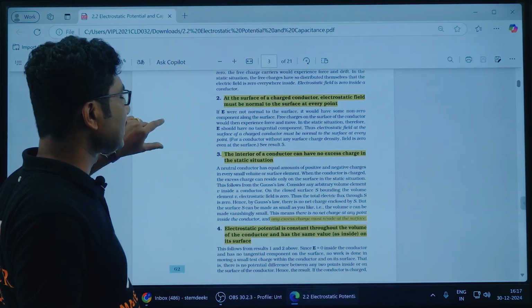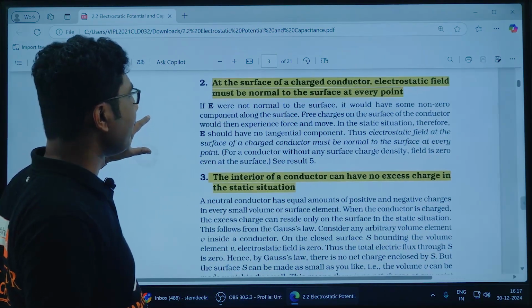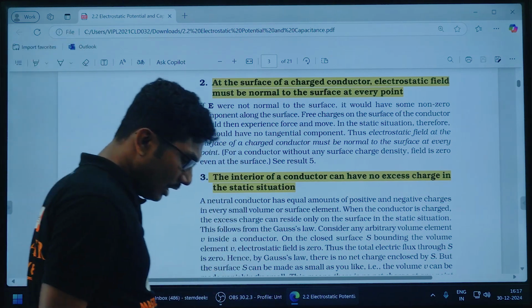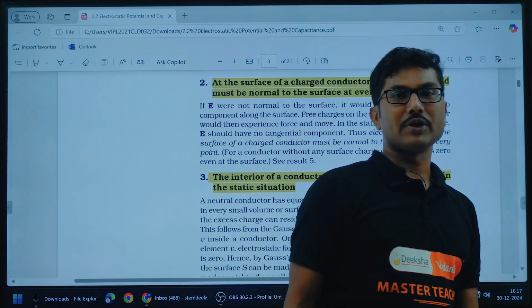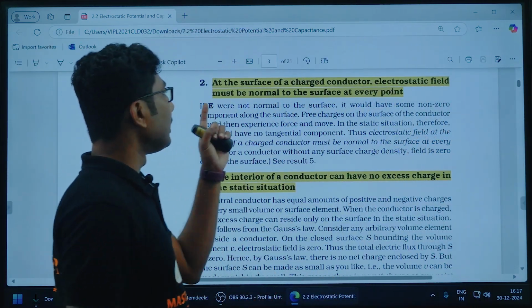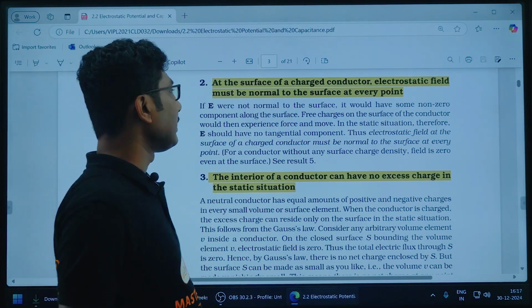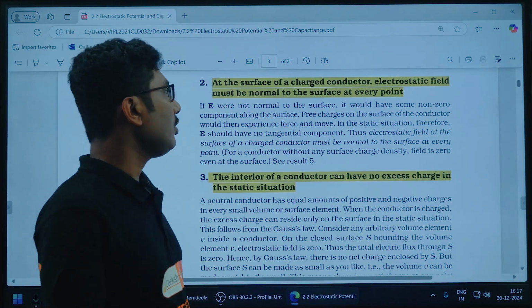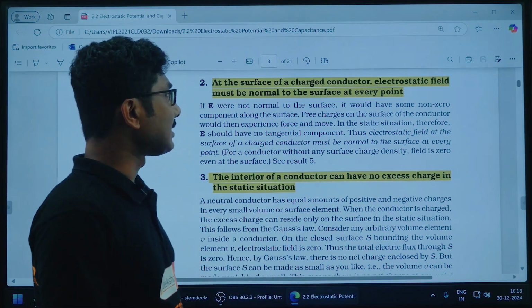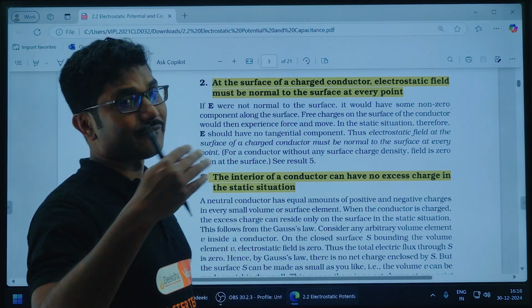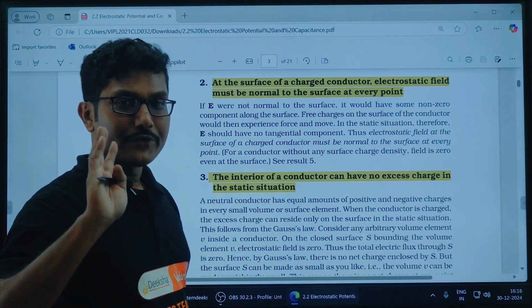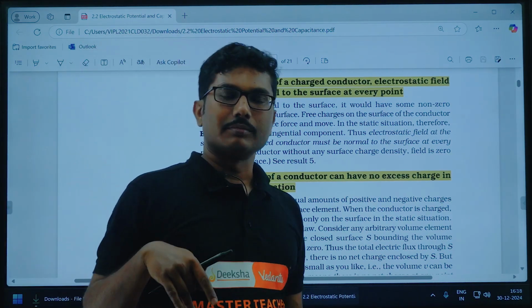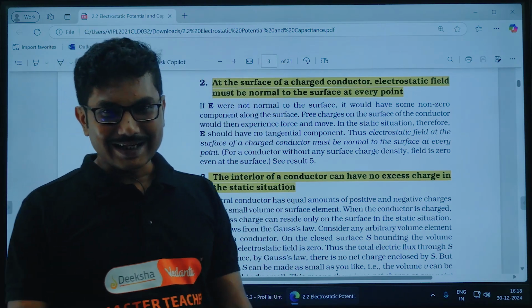At the surface of a charged conductor, the electrostatic field must be normal to the surface at every point. This is one of the points where a previous MCQ question came: at the surface of a charged conductor, the electrostatic field must be dash to the surface at every point. Or the electrostatic field and the surface are normal to each other, parallel to each other, not related to each other, intersecting each other, like that.